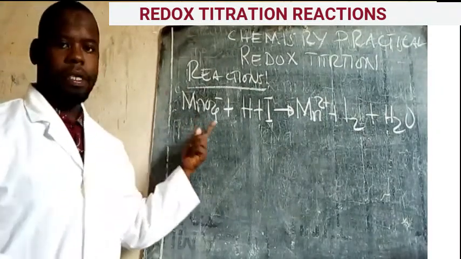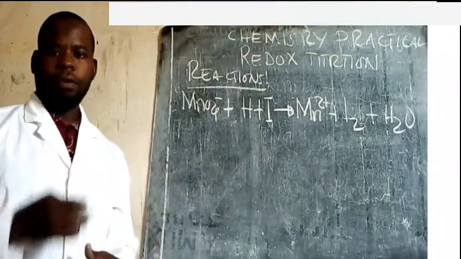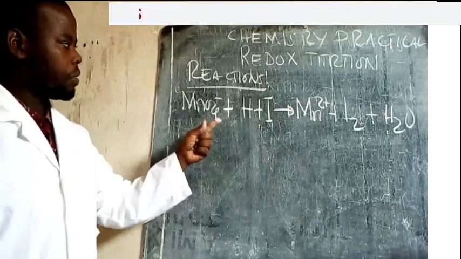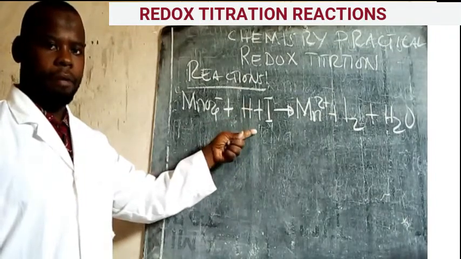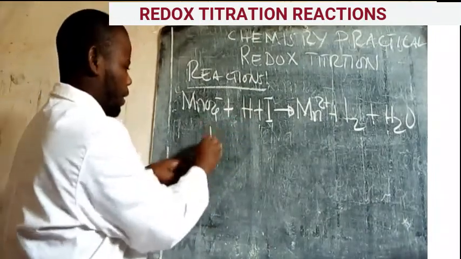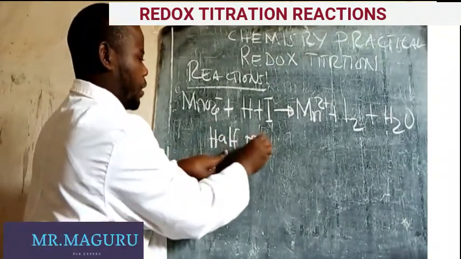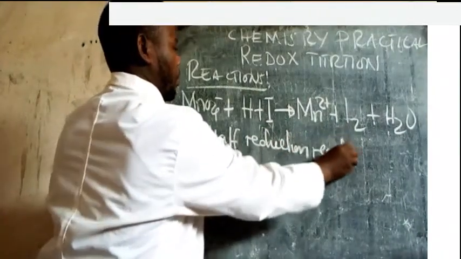So for this first reaction, we have to manipulate the half reaction, reduction and oxidation. So for this, we have half oxidation and half reduction. Let me proceed with the half reduction reaction.